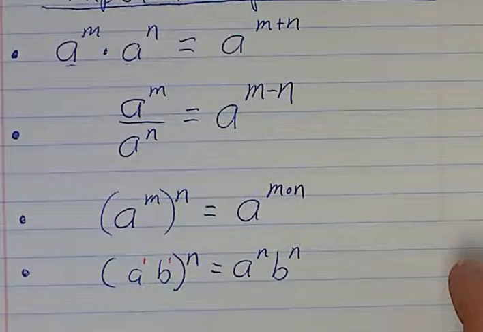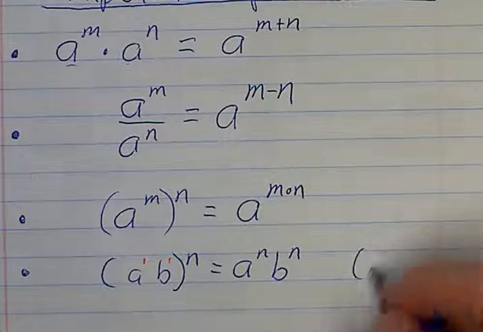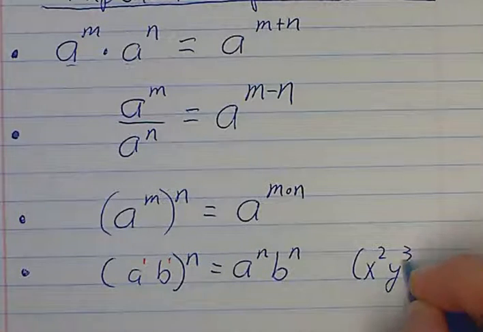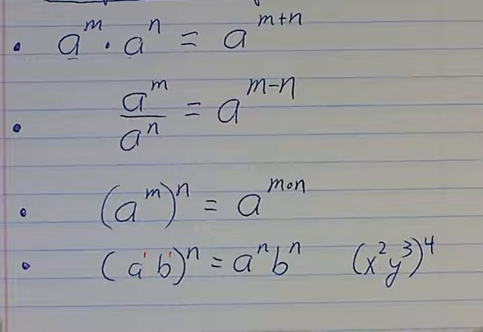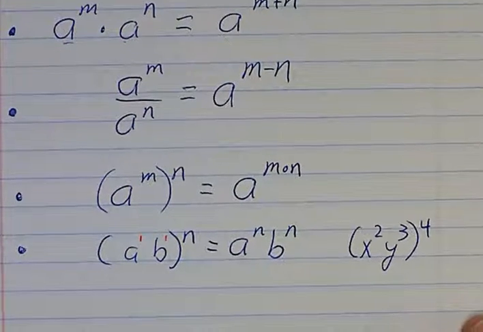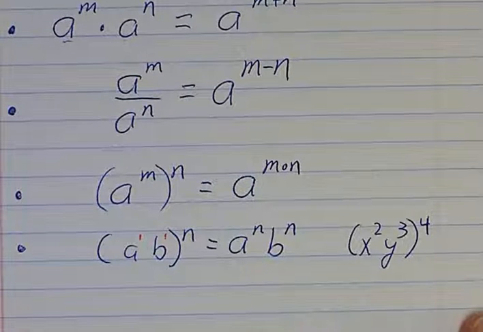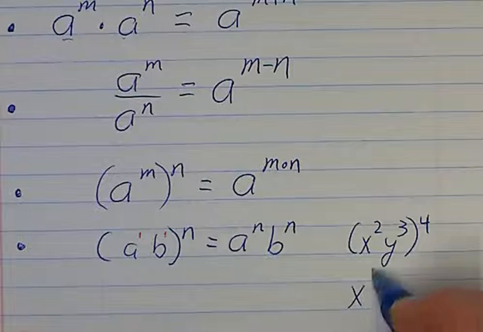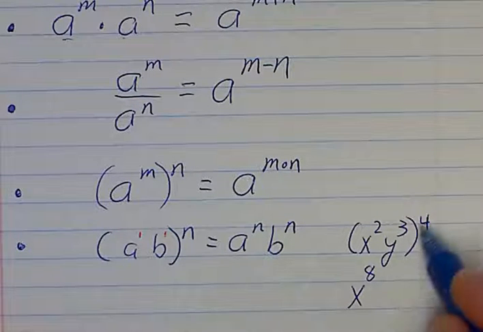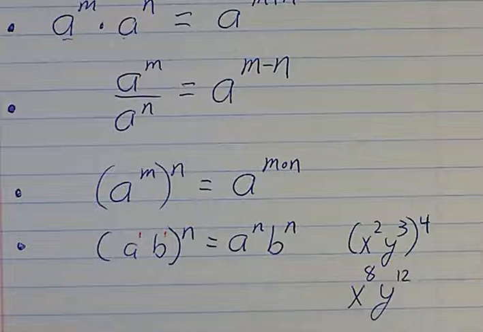If we had one like this, just to give you almost the numbers here. Let's say you had x squared and y to the 3rd, all to the 4th power. If you had to simplify this one, for the x you're going to do 4 times 2 and make it x to the 8th. For the y, you're going to do 4 times 3 and make it y to the 12th.